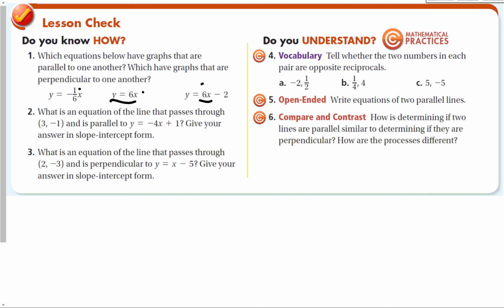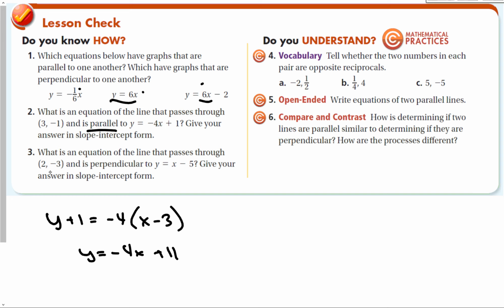It's parallel, so my setup would be y minus y1, so y plus 1 is equal to the slope. I want parallel, so that's negative 4 times x minus 3. Distribute, put it in slope-intercept form, and it would be y is equal to negative 4x plus 12. So subtract the 1 from both sides, we get plus 11.